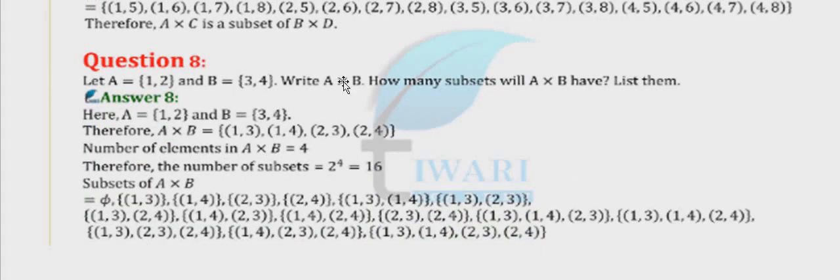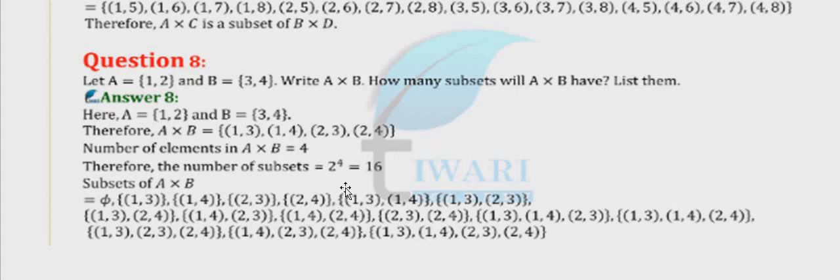Similarly, question number 8, A is {1, 2}, B is {3, 4}. A cross B you can find like this: (1,3), (1,4), (2,3), (2,4). So how many elements are in A cross B? There are 4 elements. And he asks what is the total number of subsets.